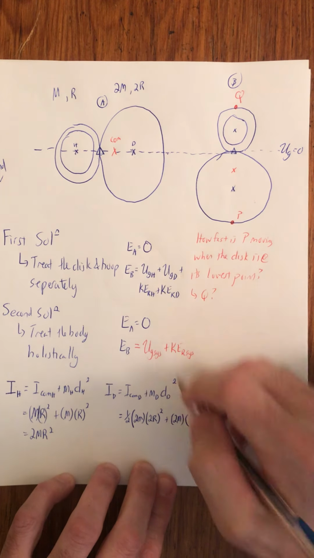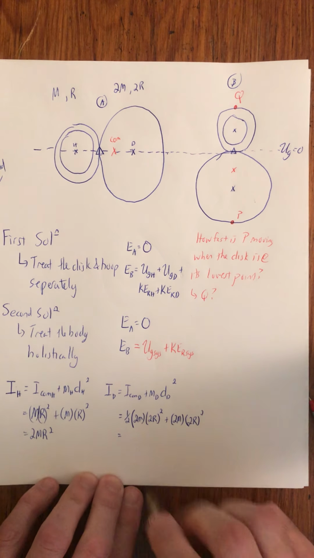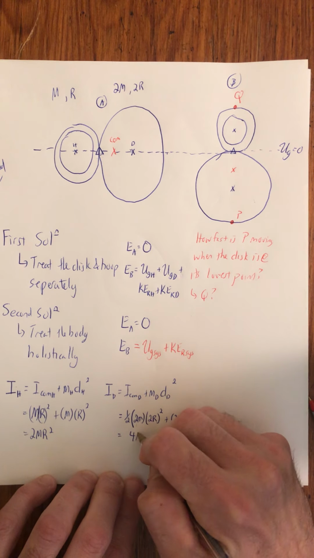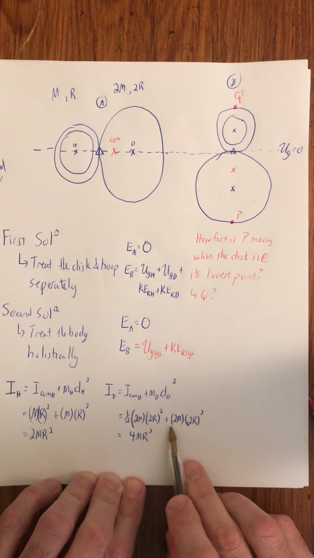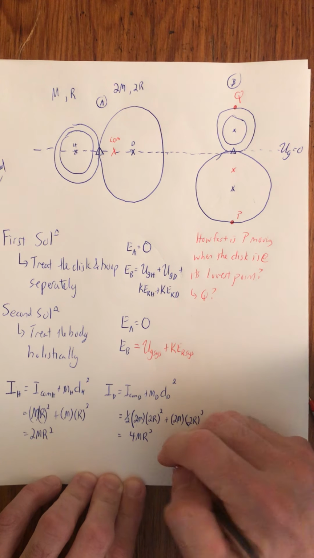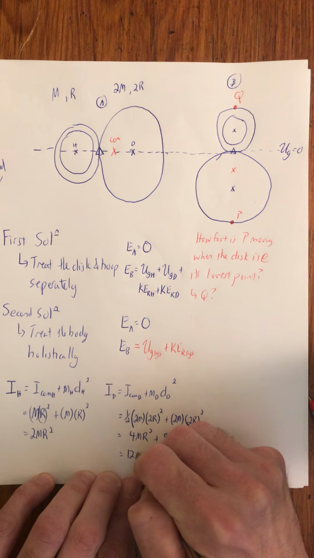The shifting factor here happens to be the radius of the disk, so 2r quantity squared. So 1/2 times 2 is 1, times 4, so that's 4mr squared, plus 2r is 4r squared times 2m, which is 8mr squared, so that's 12mr squared.